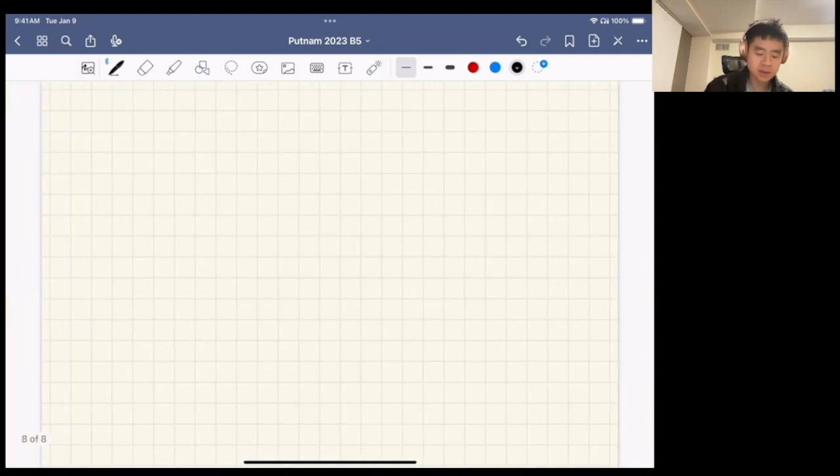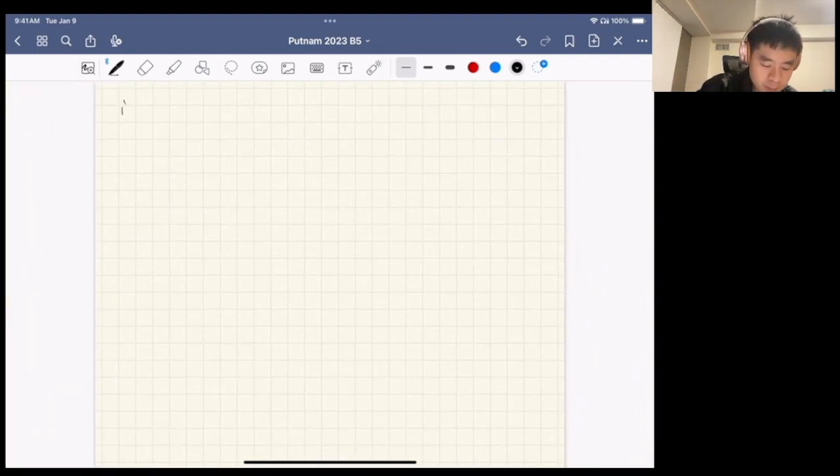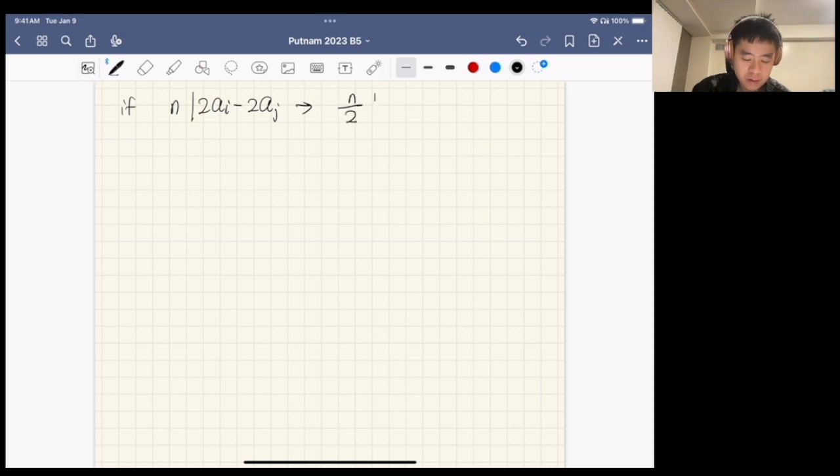And also, let's say 2AI and 2AJ are the same thing modulo n, meaning that n divides their difference. We know that n is even, so n over 2 has to divide AI minus AJ.